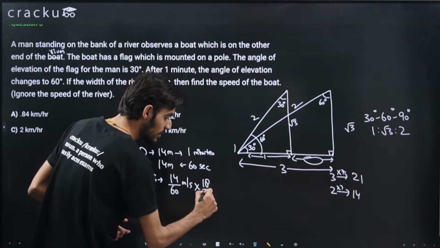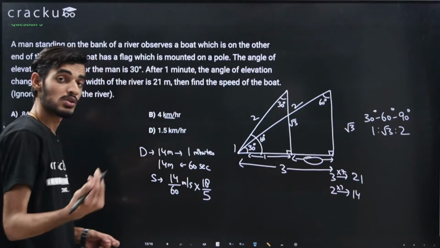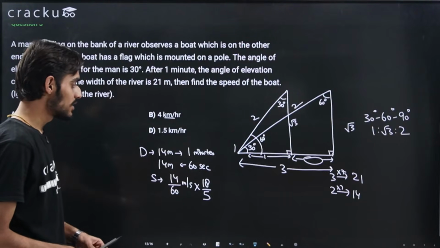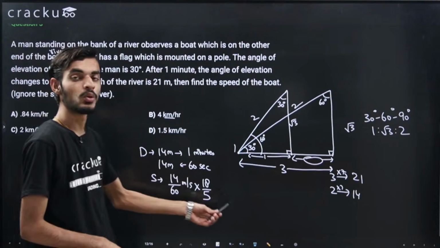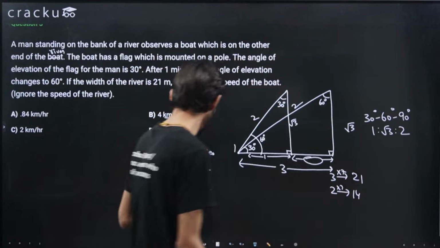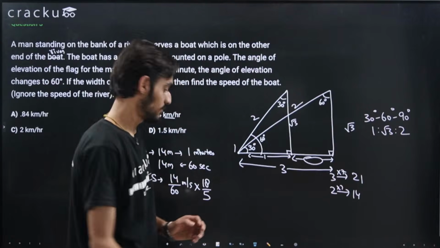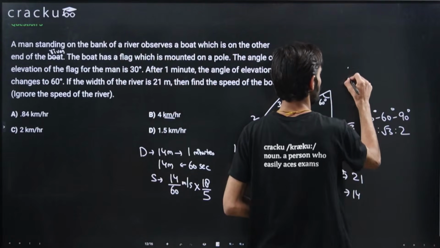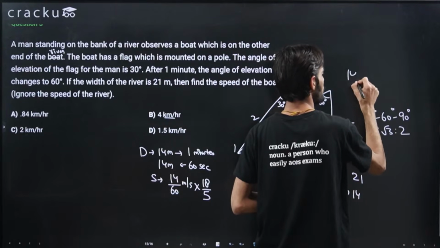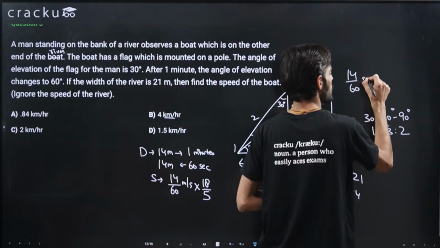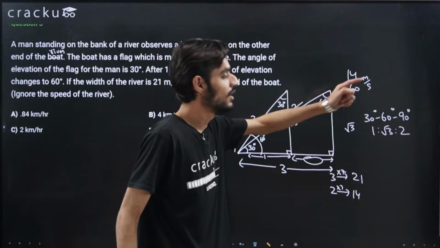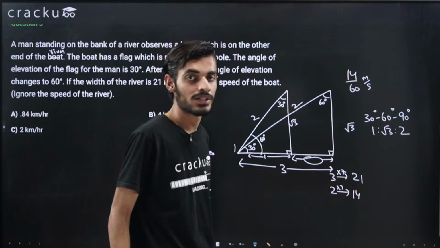I hope you have gone through the time, speed and distance video that was also conducted on this particular channel. In that video, I discussed how to convert from meter per second to kilometer per hour. Just for reference, I can tell you, this is 14 by 60 meter per second. If we want to convert from meters to kilometers, I can just divide by 1000, right?